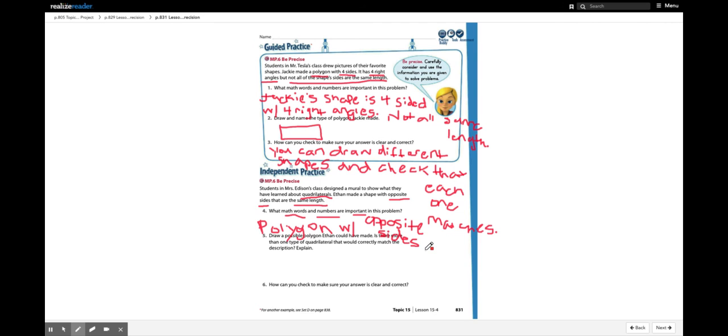And these opposite sides are what? That's right, same length. Let's take a look at number 5. And if it's all right with you, I'm going to erase a little bit of this so we can read our question.